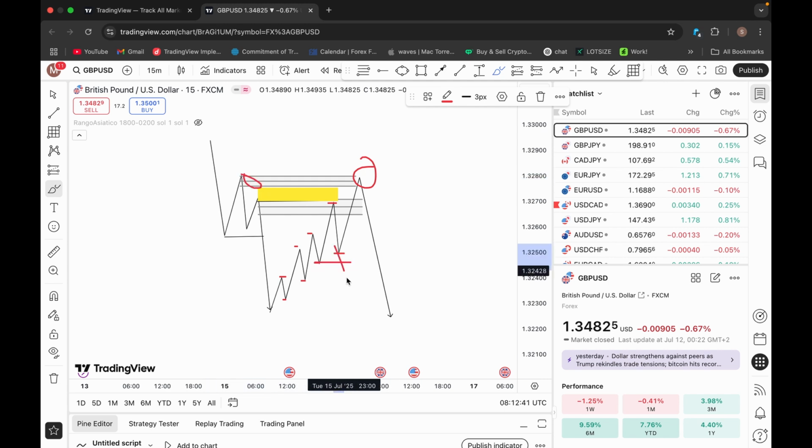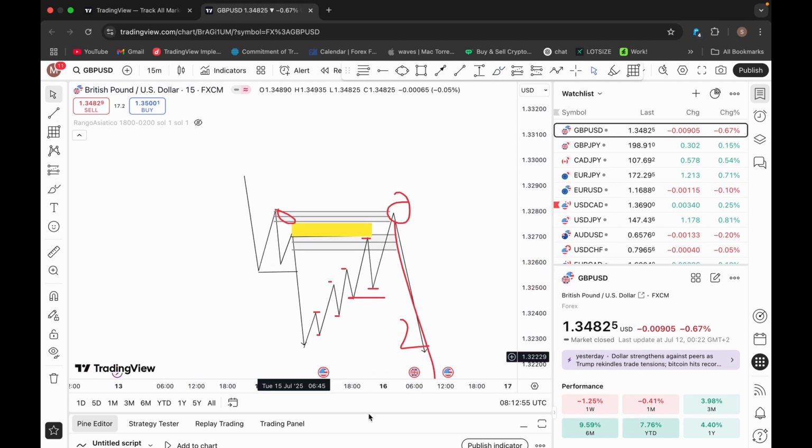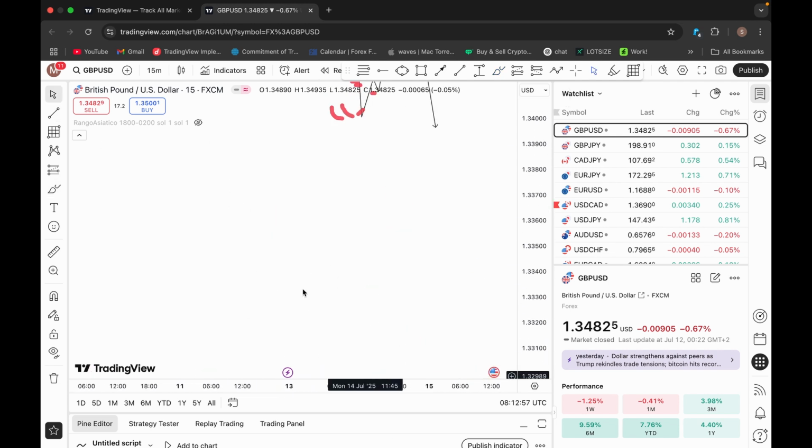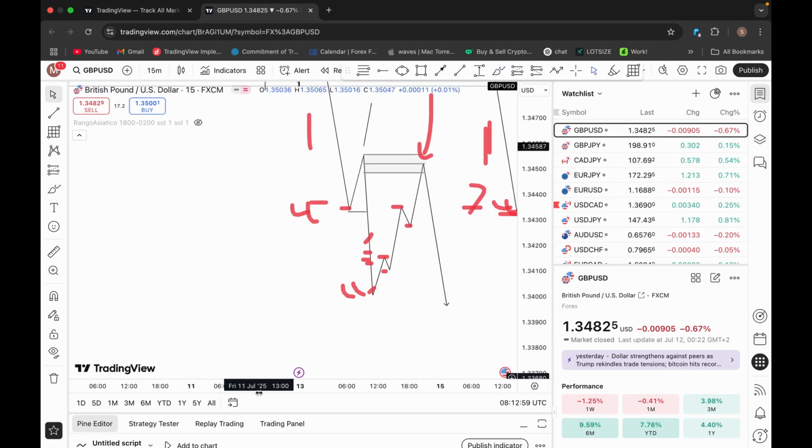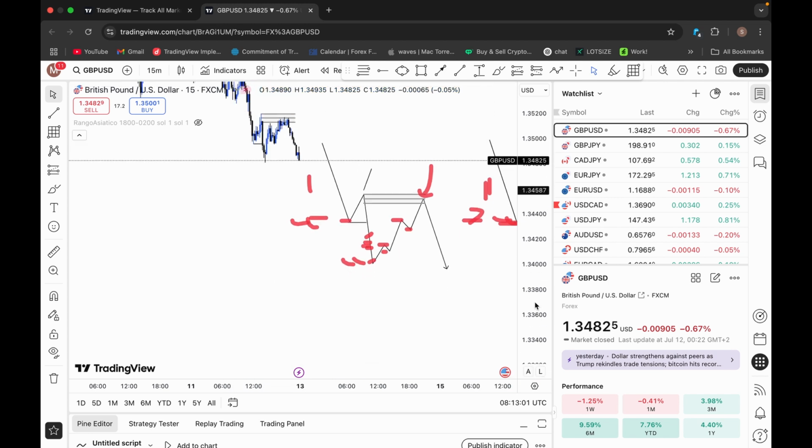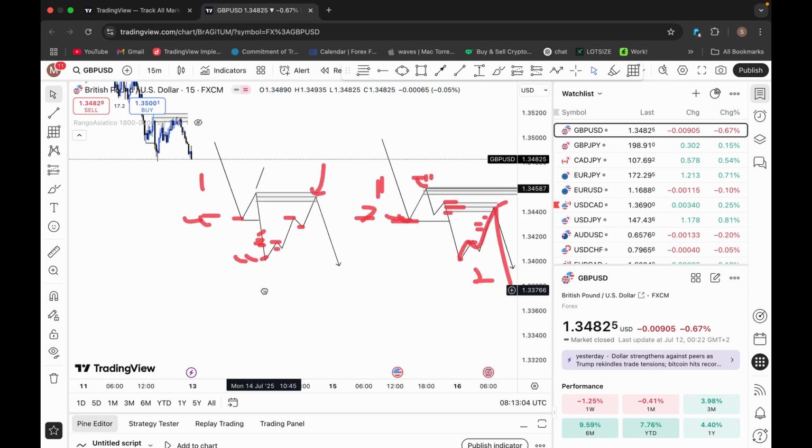If this low was broken, then I would wait for a confirmed entry and sell from here. But in this case, it was not broken. So price then pushed up to this extreme zone and then went into our anticipated level 2. All right, guys, I hope you have an understanding of that with clarity. If you have questions, don't hesitate to leave a comment in the comment section.